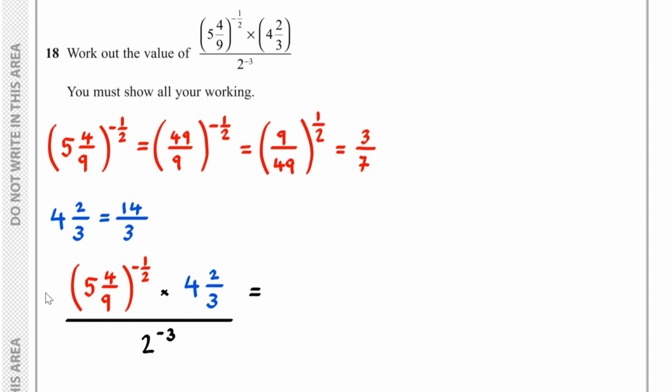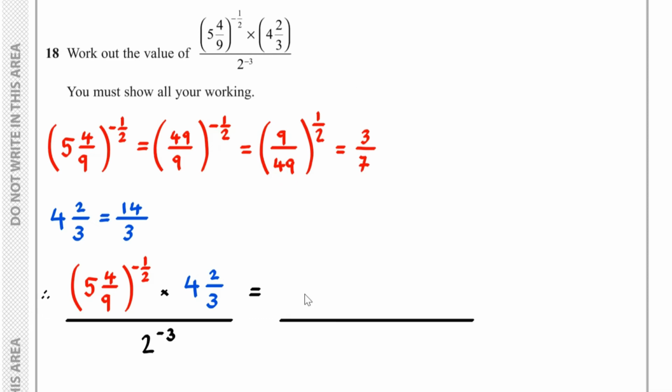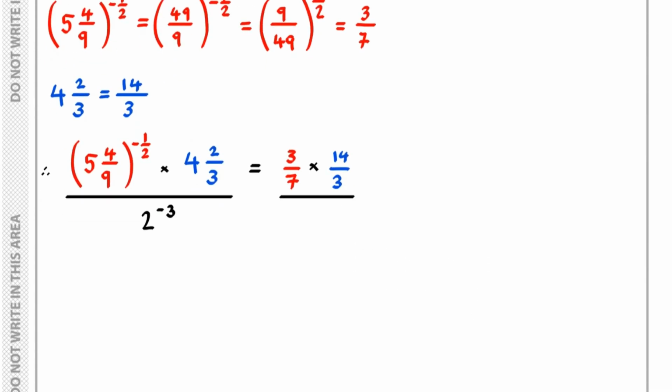And if I work out what this is equal to, well, that's the same as 3/7 being multiplied by 14 over 3, and then dividing the result by 2 to the negative 3.